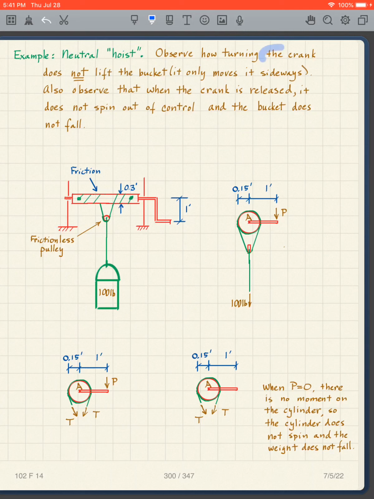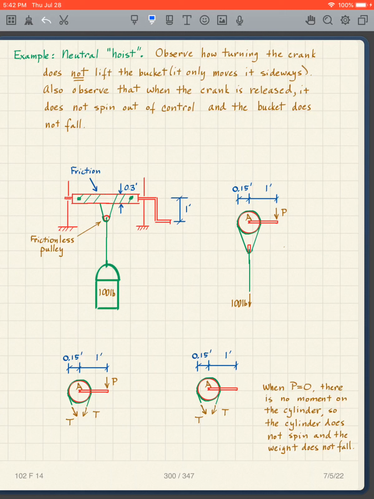So turning the crank here does not lift the bucket, it only moves it sideways. But when the crank is released, it doesn't spin out of control, and the bucket does not fall. So this is leading into a different situation. And why is that? Because if I crank this thing, like I say, it only moves sideways.